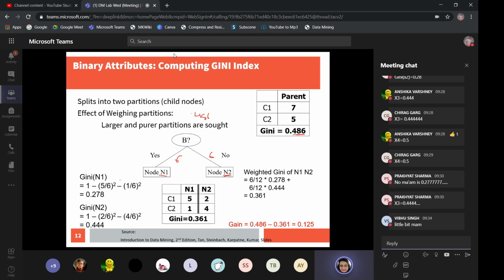Because you are using this, you have to combine the information at both the nodes. Out of these 6, in this partition, 5 belong to class yes and 1 belongs to no. You computed the Gini of this.